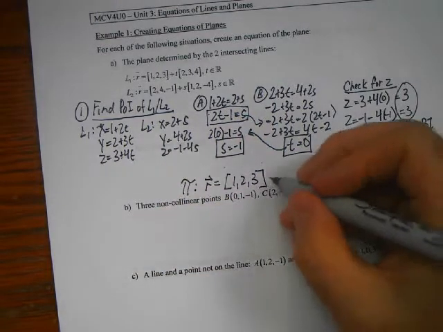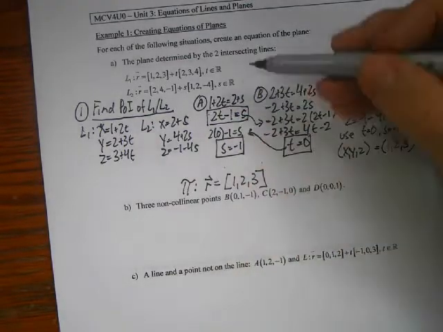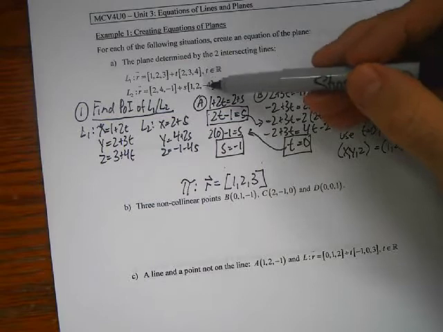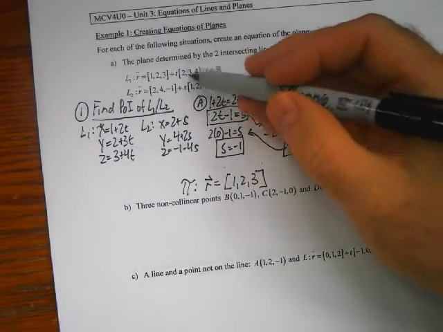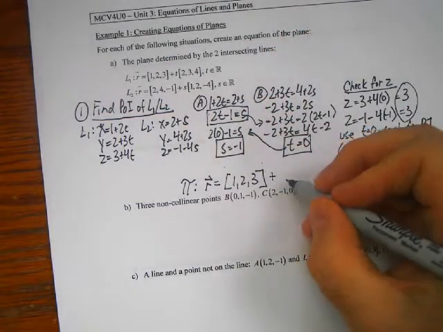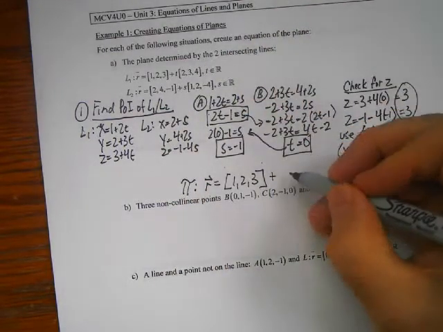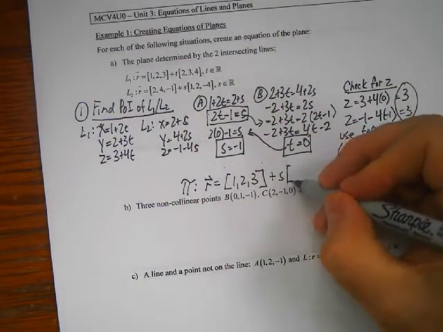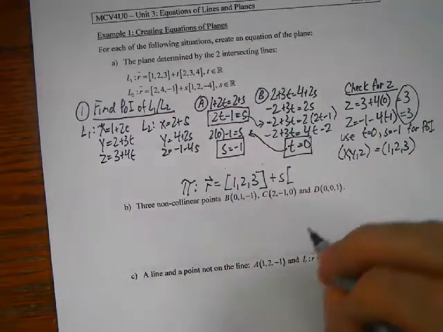Now I need my two direction vectors, and I simply get those from the original two lines. These are not collinear, they're not parallel, so I can just use those directly. Now, I have to make sure I use two different values for our scalars.